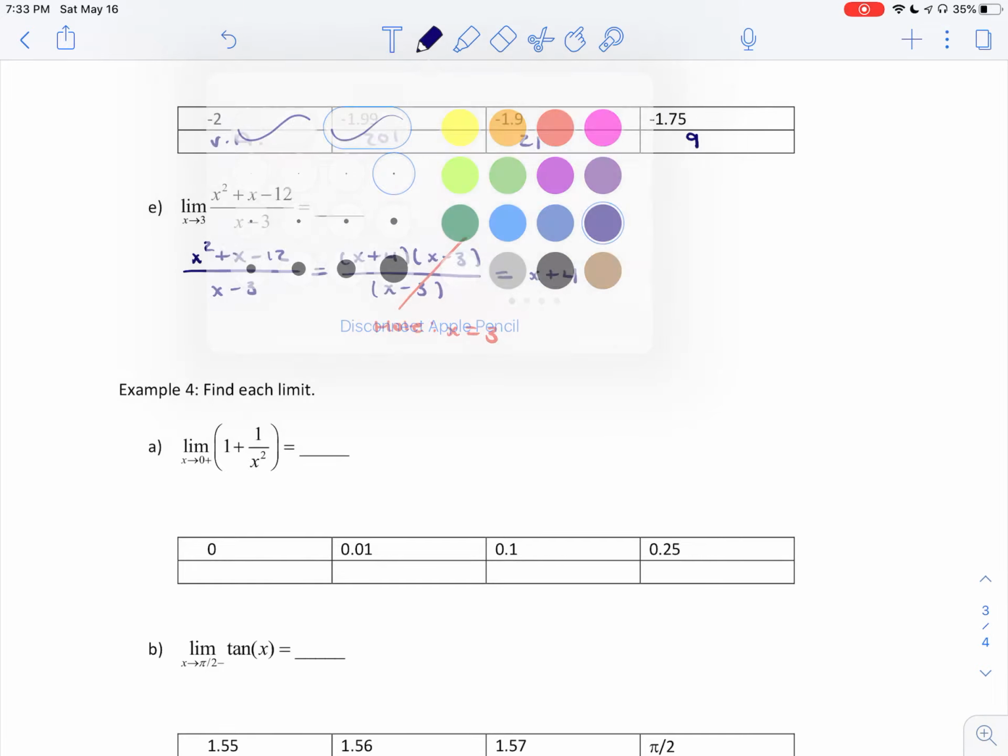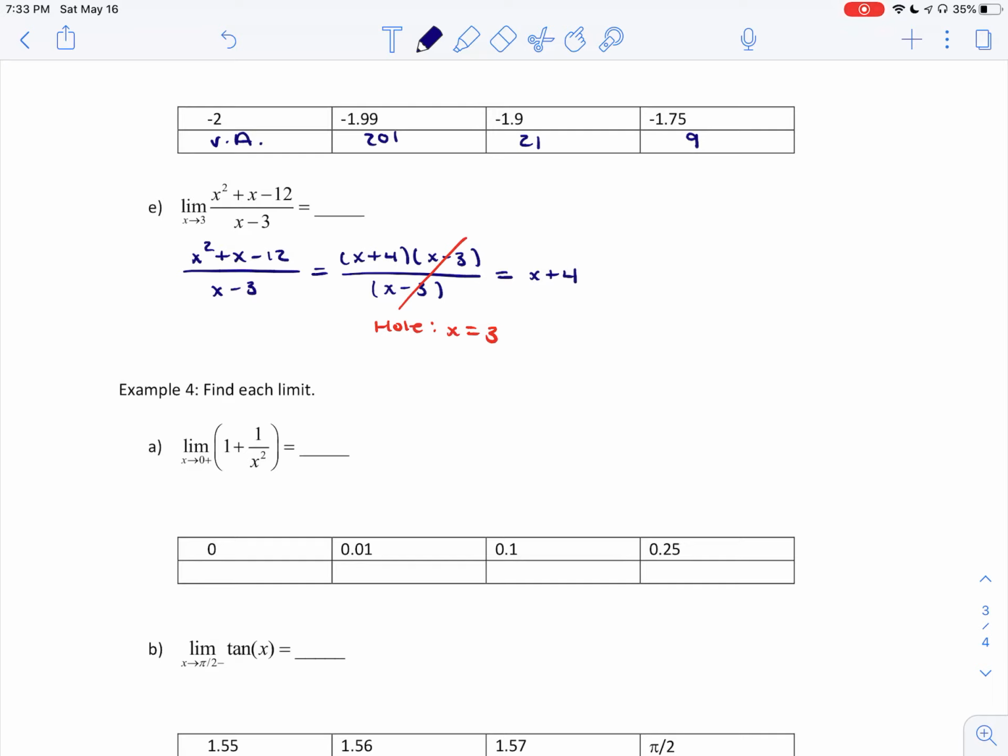So we can see here that our limit as x approaches 3 of the original function is going to be equal to the limit as x approaches 3 of our simplified function, x plus 4. And then if we just plug that in, 3 plus 4 is equal to 7. So our limit is 7.